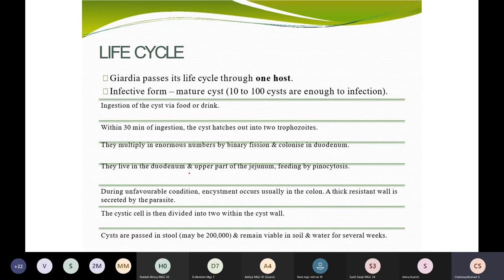We know that Giardia completes its life cycle in a single host itself. No intermediate host will be there.